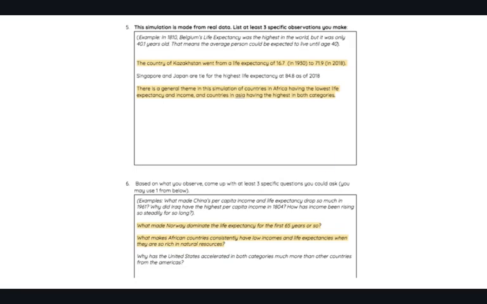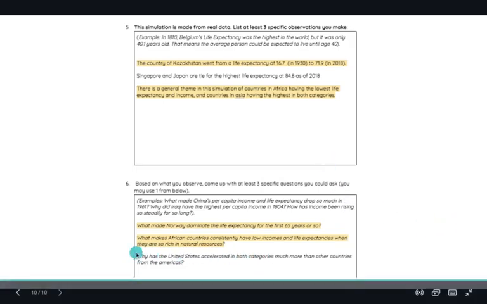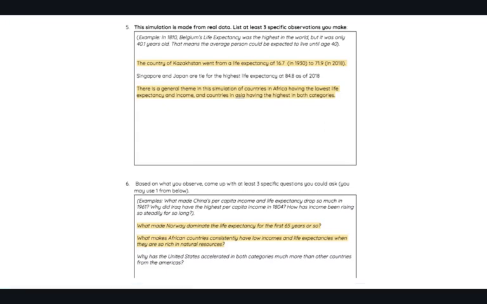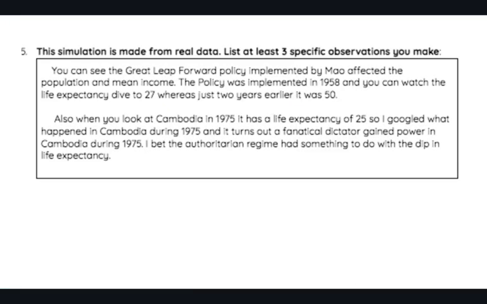You see also students asking really deep questions like this one. What makes African countries consistently so low in income and life expectancy despite having a lot of richness and natural resources? So these are deep questions that students are asking. I'd say the strengths in using this were the curiosity and also the interdisciplinary connections students made.